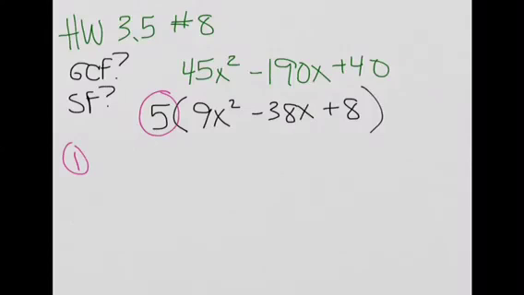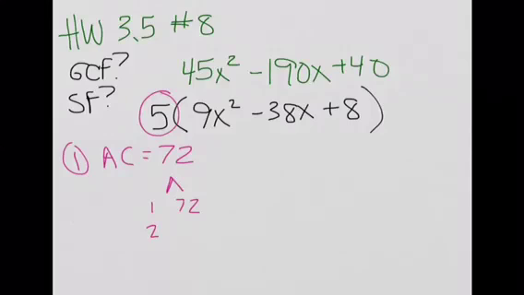My first step is to do A times C. Well, A is 9, C is 8, so positive times positive gives me a positive 72. I need to find factors of 72 that add up to be a negative 38. Well, I can start listing them out. 1, 72.